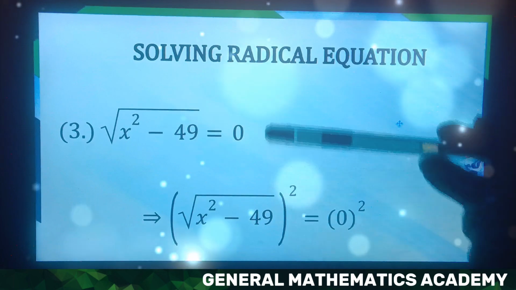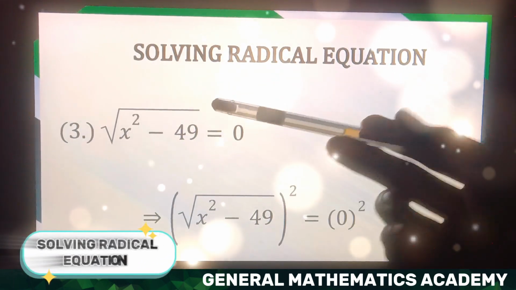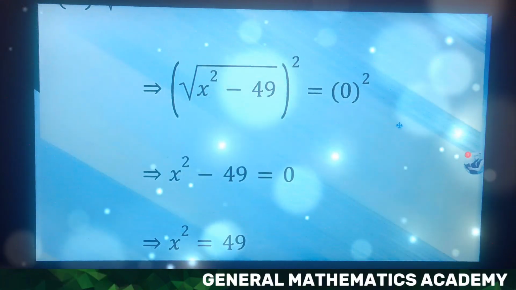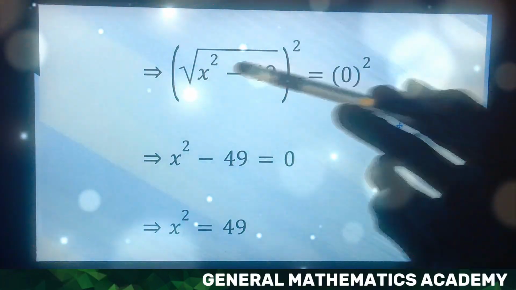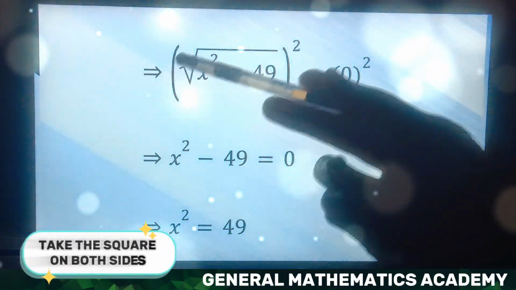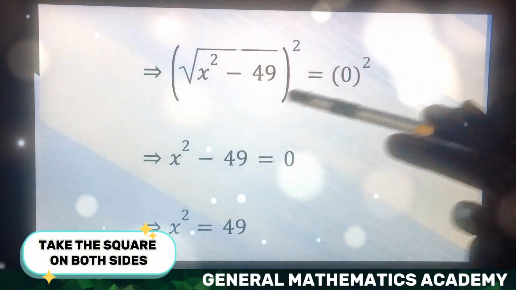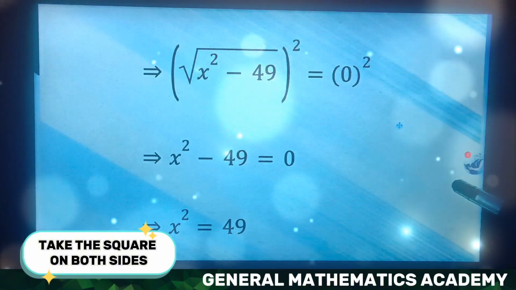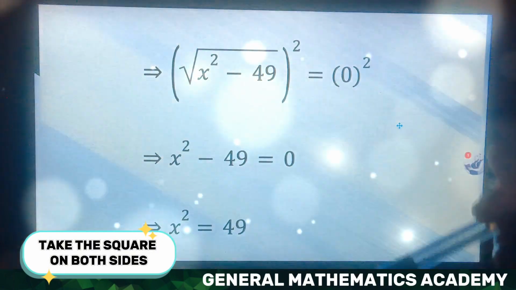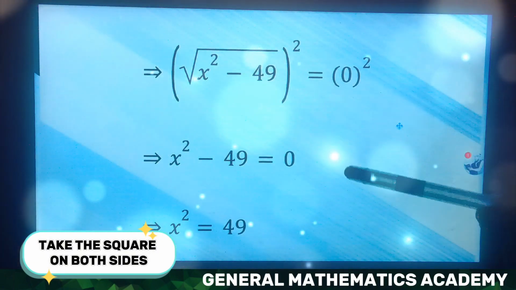Upon solving this radical equation on the first line, we need to eliminate the radical symbol, and in order for us to eliminate the radical symbol, all we need to do is to take the second power on both sides of the radical equation. Here we can apply one of the properties of exponents, wherein the square root of the quantity can be written as the quantity raised to 1/2, right?